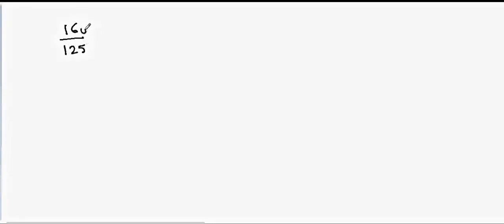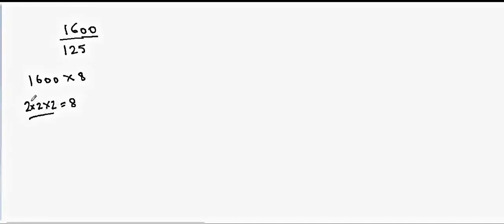Let me put two zeros here so that it's simpler. To divide by 125, I multiply 1600 by 8. Instead of 4, I multiply by 8 this time, because 2 into 2 into 2 is equal to 8.